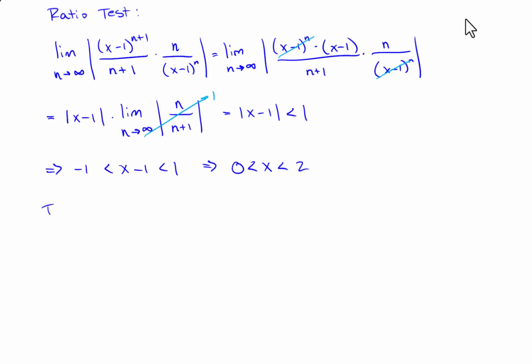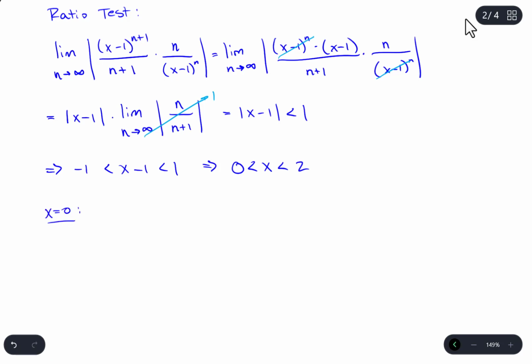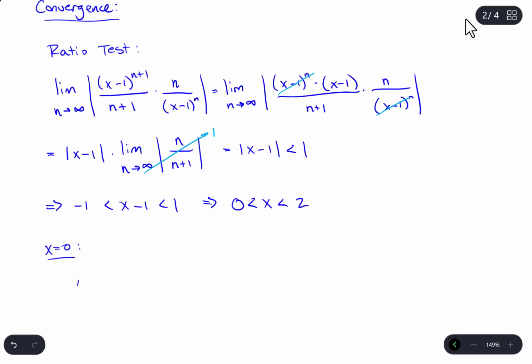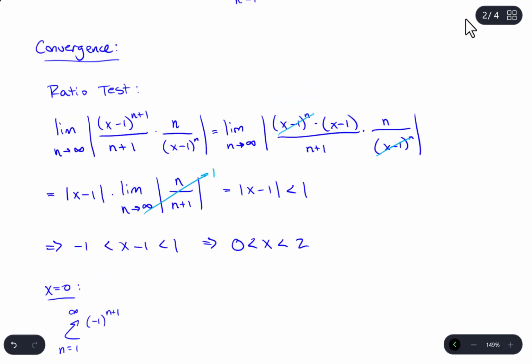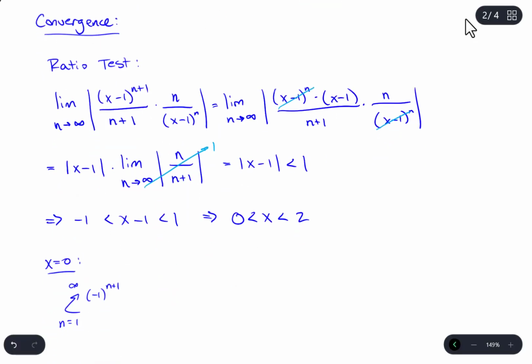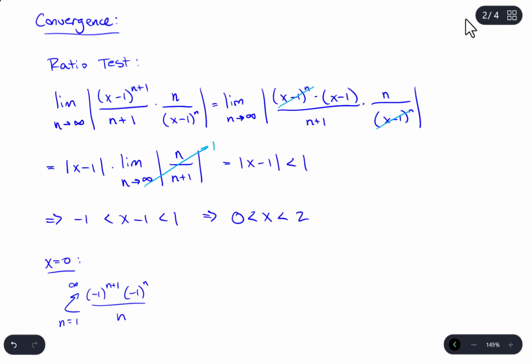So at the endpoints, I have x equals 0. And if I plug that into my series over here, for x equals 0, this would be the sum from n equals 1 to infinity, negative 1 to the n plus 1. 0 minus 1 would be negative 1 to the n, all over n.